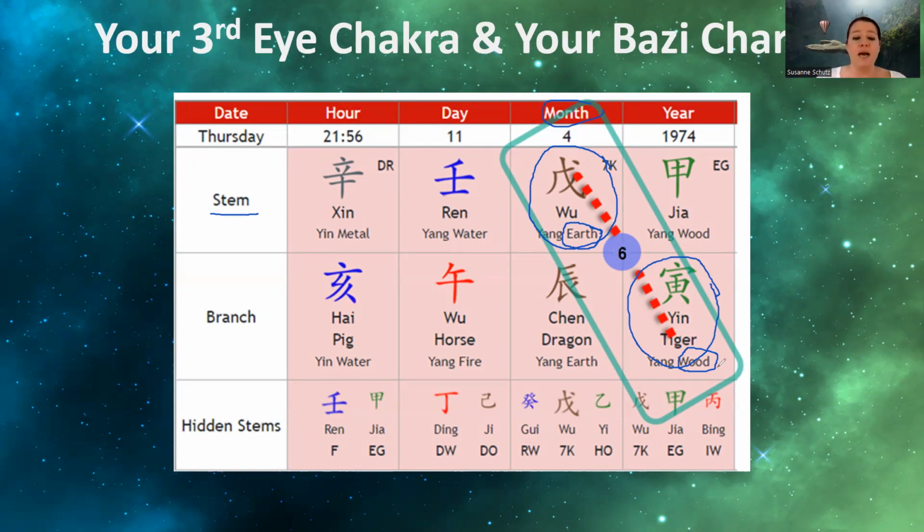Now, chakra block is indicated by the relationship between these two elements, earth and wood. You may have different ones. You may have water, fire, metal. Just take note of these two. If both of these are the same element, so if both are earth or both are wood or both are fire, then there's definitely no third eye chakra block indicated, so you don't have to worry about anything.